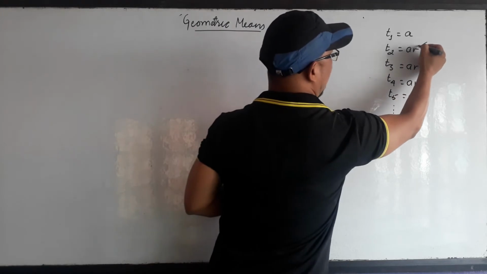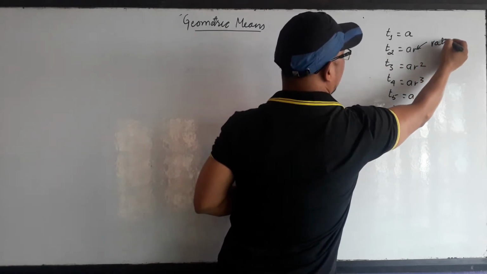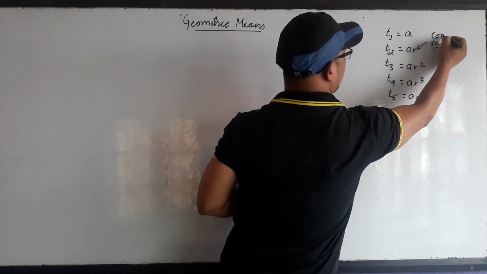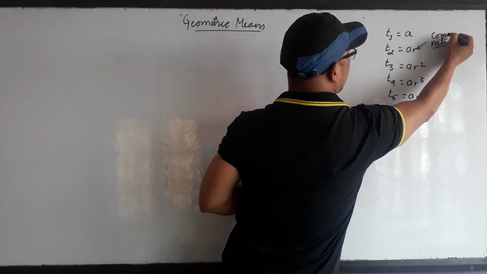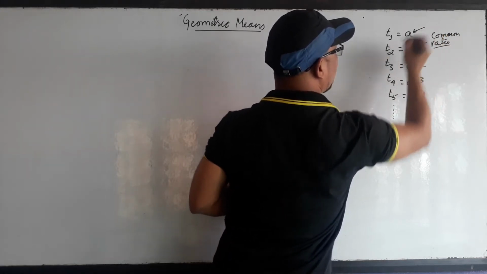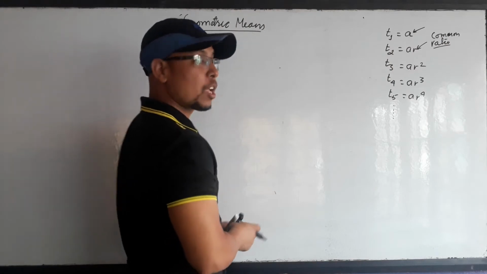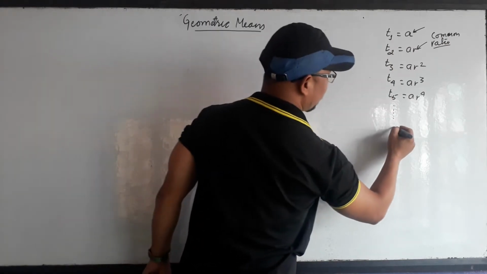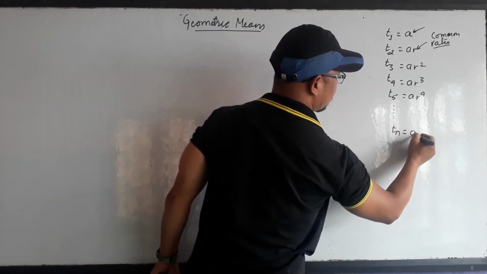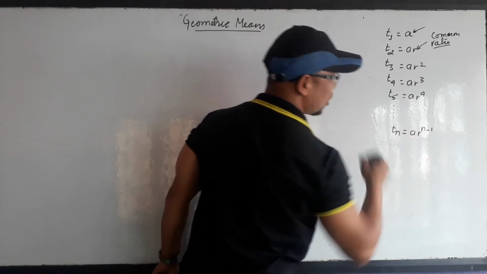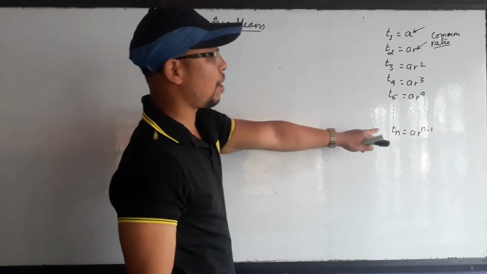Here R means the common ratio, and A is the first term. The last term is Tn equals AR power n minus 1. We derived this formula in my previous lecture.